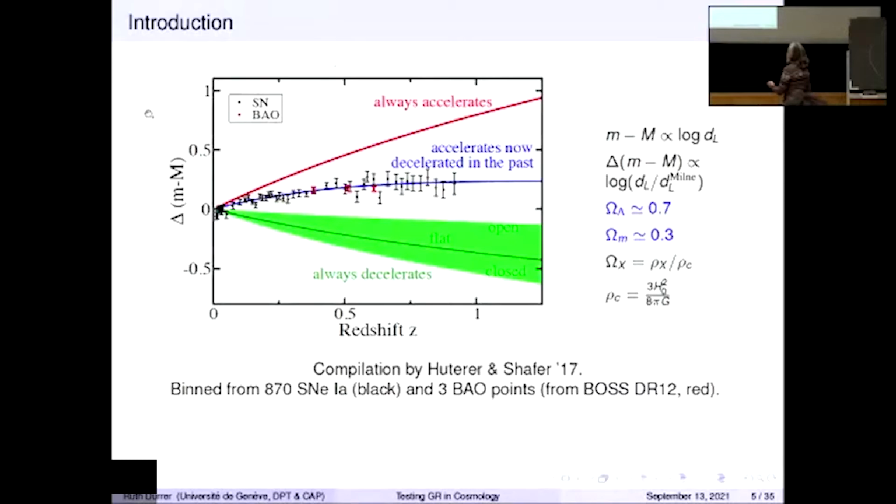Here, this axis is proportional to the logarithm of this luminosity distance. That's the redshift. And there are different models shown here. You see here, if this curve becomes negative, this means that the universe is actually decelerating, which is what we usually would expect, right?